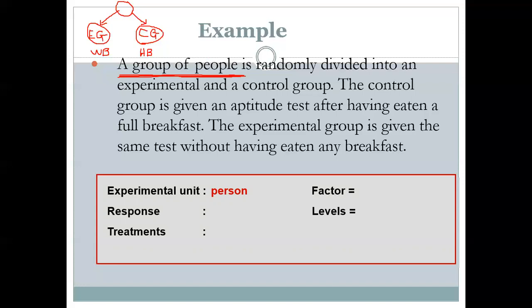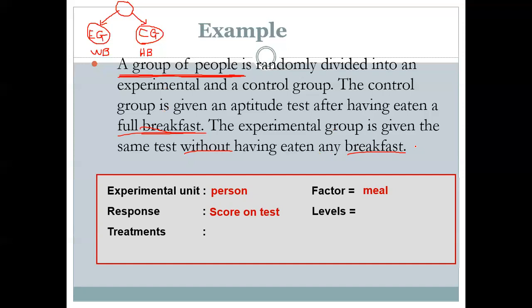So the independent variable here is breakfast. One group has a full breakfast, and the other group is without breakfast. When we talk about breakfast, it must refer to the meal or the food. Okay, so the factor here is meal.